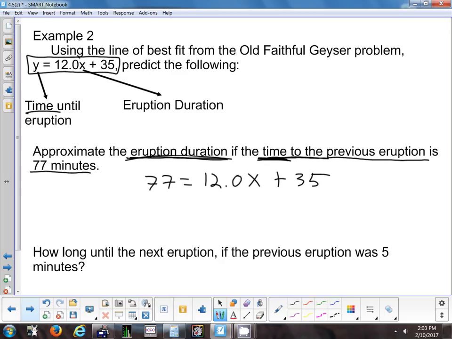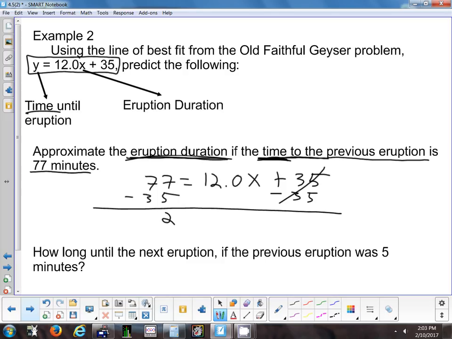Okay, who can tell me my first step to get x by itself here? This is really basic equation solving. So I'm going to subtract 35. Subtract 35. 7 minus 5 gives me 2.